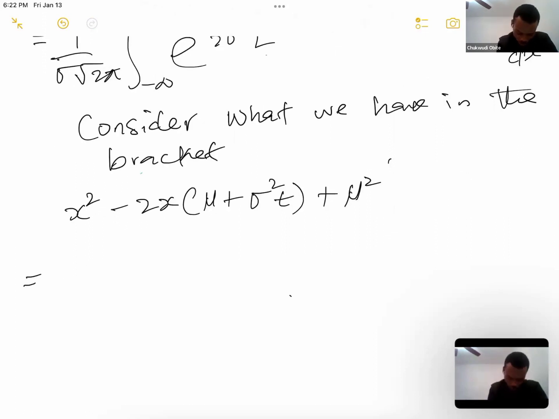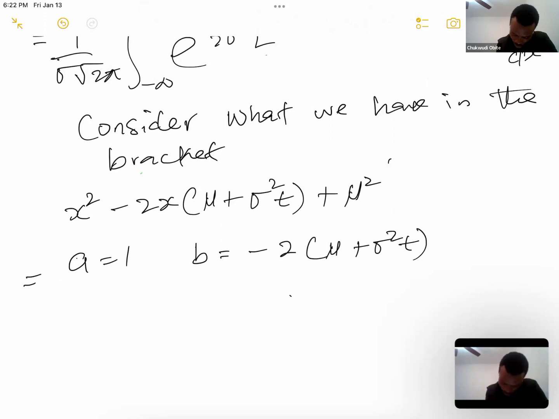So applying completing the square method, my a is 1, my b is minus 2 mu plus sigma squared t. Remember, b is the coefficient of x. Then my c is mu square. c is the constant that has nothing to do with x.